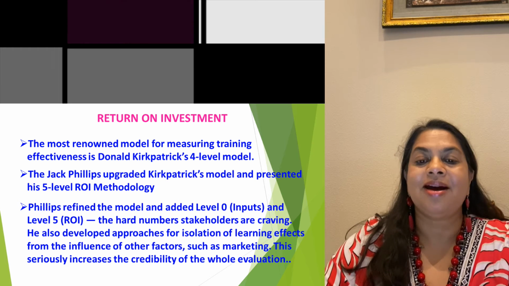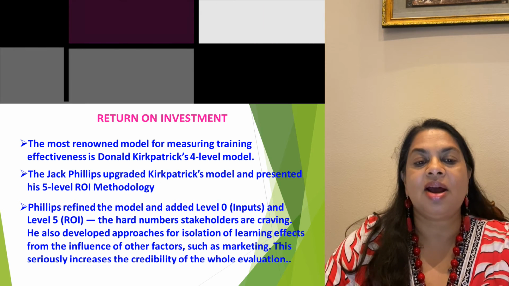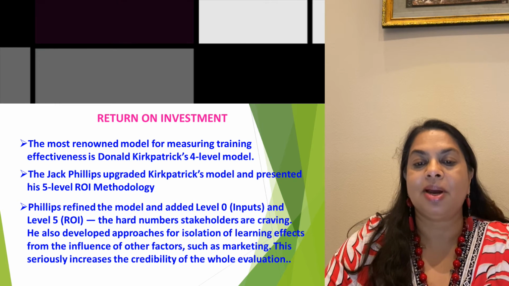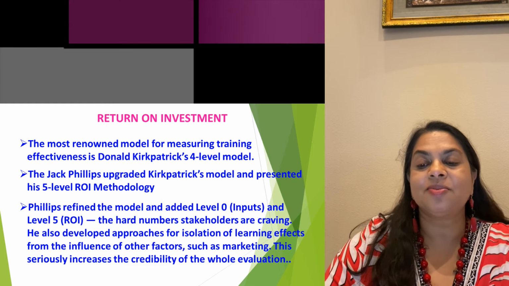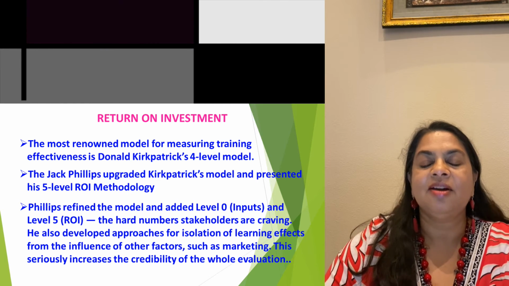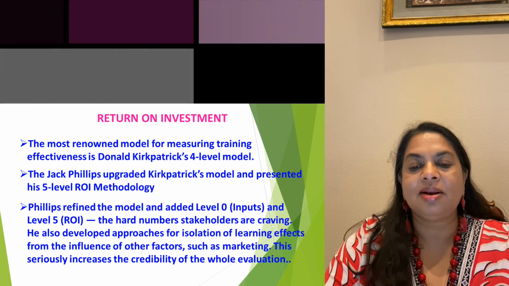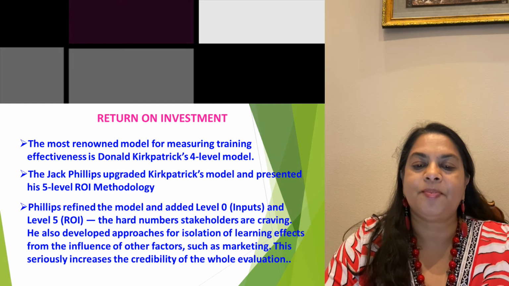The most renowned model of measuring training effectiveness is Donald Kirkpatrick's 4-level model. Then Jack Phillips upgraded Kirkpatrick's model and presented his 5-level ROI methodology. Phillips refined the model and added level 0 inputs and level 5 ROI.